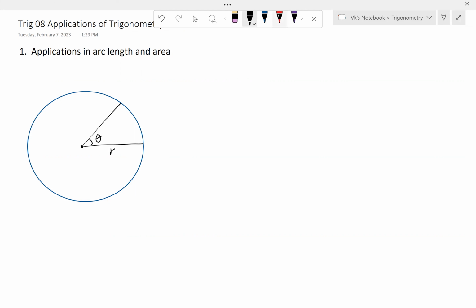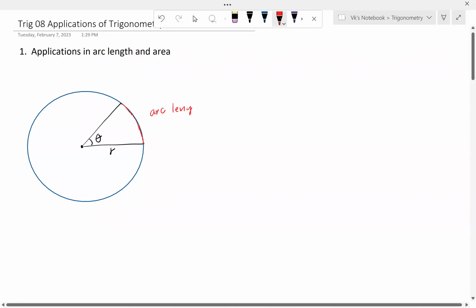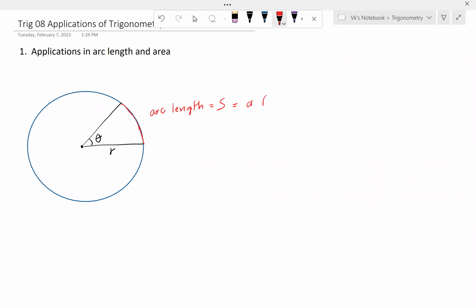And this part of the circumference, we call it the arc length, S. Notice that S is a fraction of the circumference.